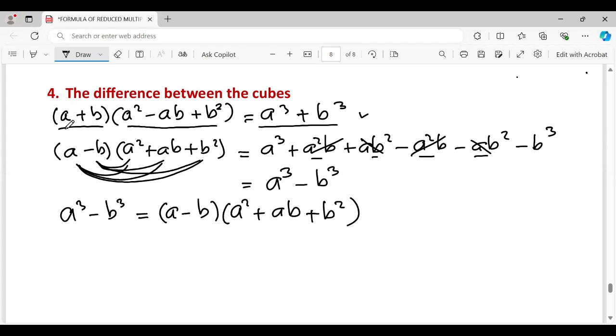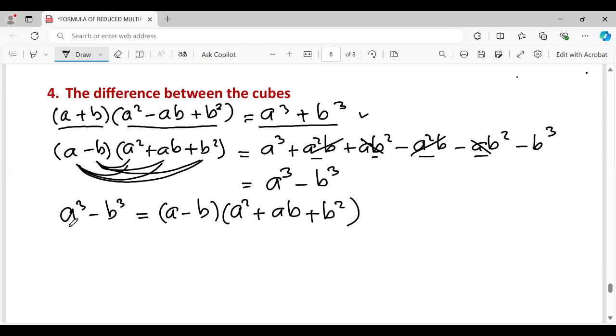And for topic number 4, a cube minus b cube equals (a minus b) multiply (a squared plus ab plus b squared). So if a cube plus b cube, you can expand it into this expression.